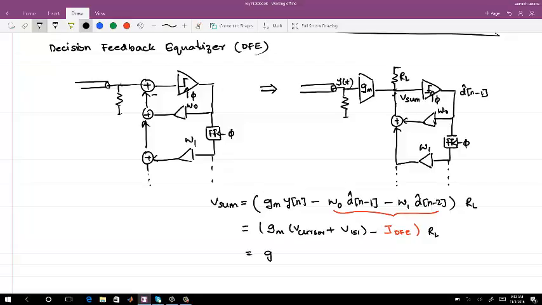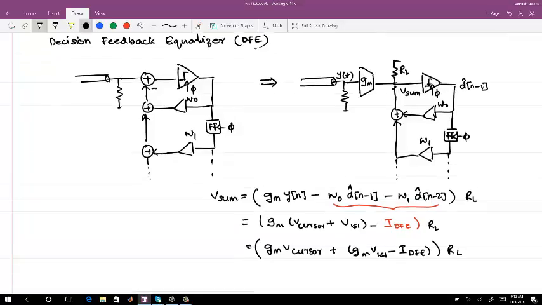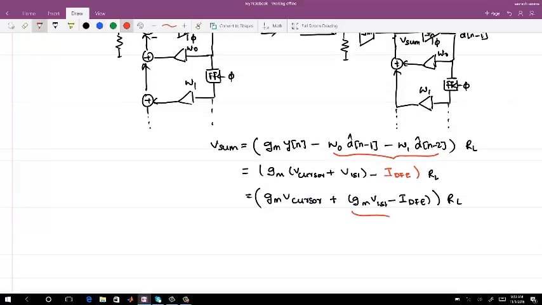Now what we want is GM V cursor RL plus GM V ISI minus I DFE. What do we want this parameter to turn out to be? Ideally 0, right? Any mismatch will cause a residual at the input. So if that cancels to 0, what you have is GM V cursor times RL. This is the amplitude which you will measure at the input of the comparator.